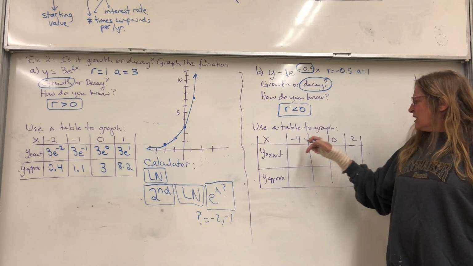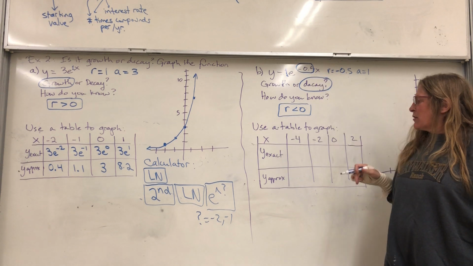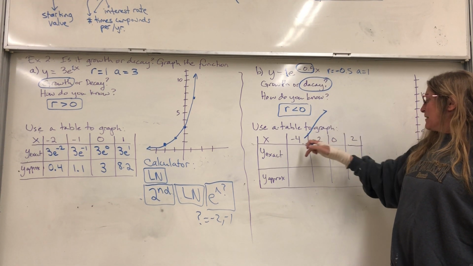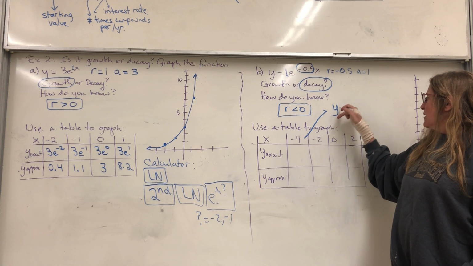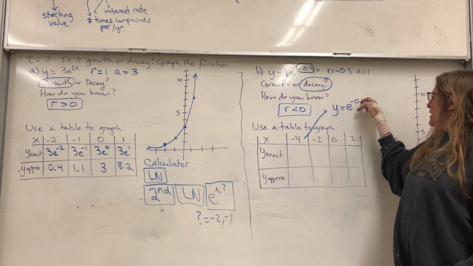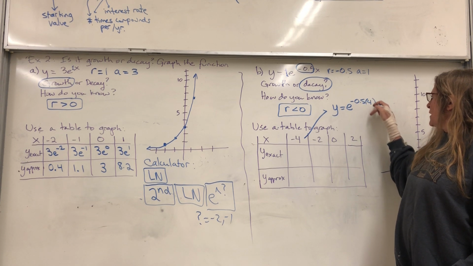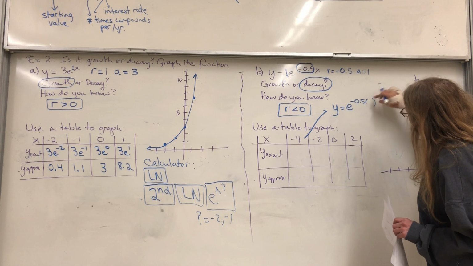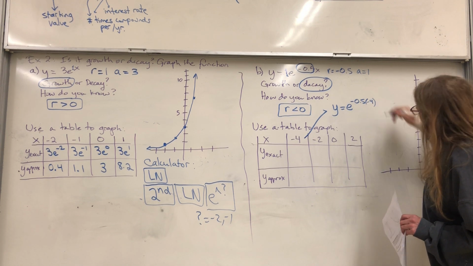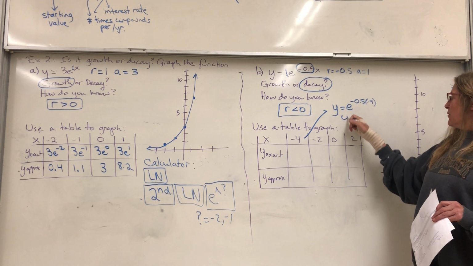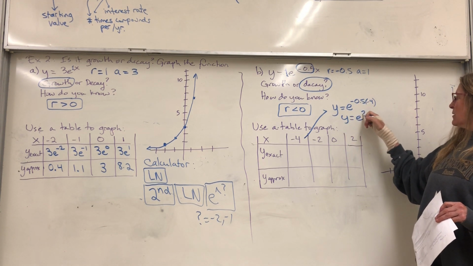Okay, so I've strategically chosen these values so that they're going to multiply nicely. So if I want to plug in negative 4 for x, that would be y equals e to the negative 0.5 times negative 4. And negative 0.5 times negative 4 is 2.